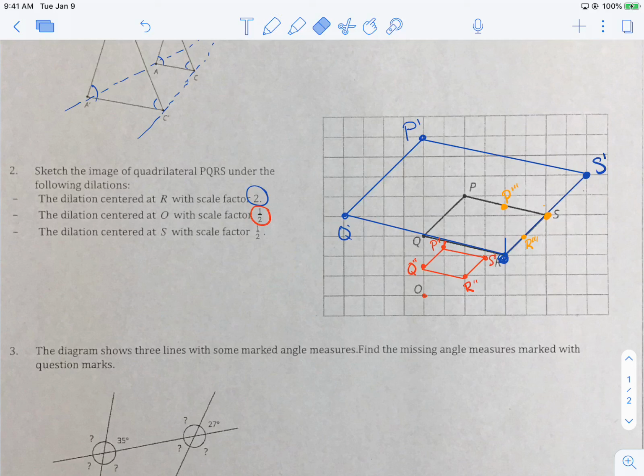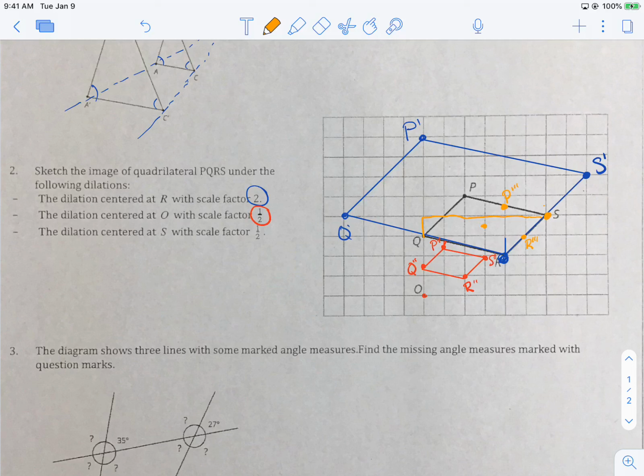All right, and then we know how it's going to kind of look, but we don't want to eyeball it too much because we want to be proportional and make it look right. So let's go over to Q. We go over 1, 2, 3, 4, 5, 6, and down 1. So half of 6 is 3. So 1, 2, 3, and half of 1 is just 1/2.